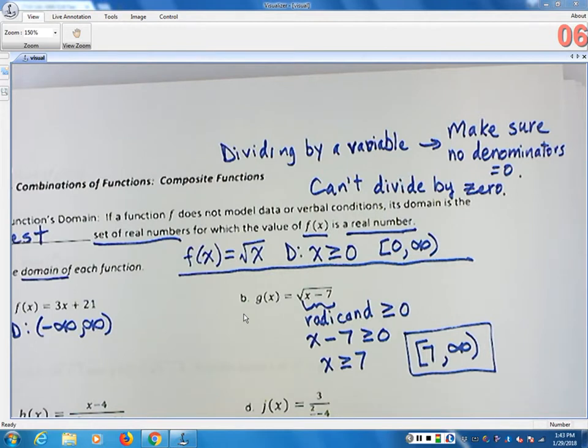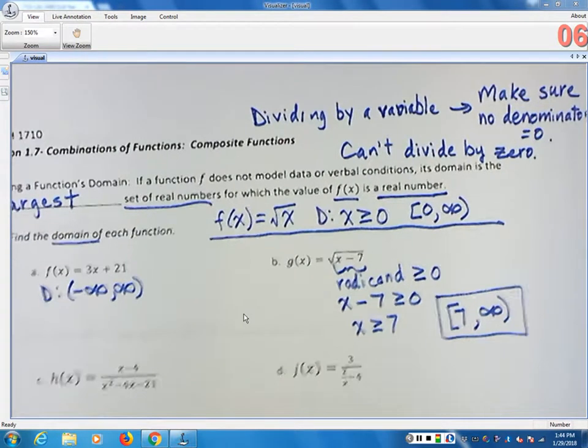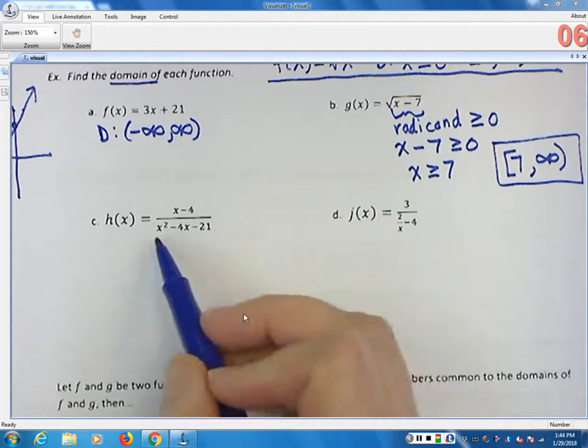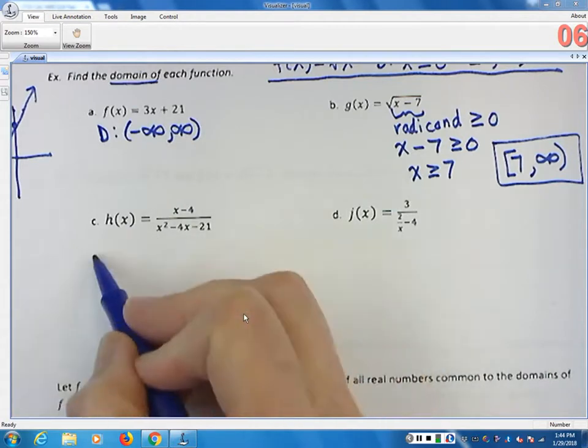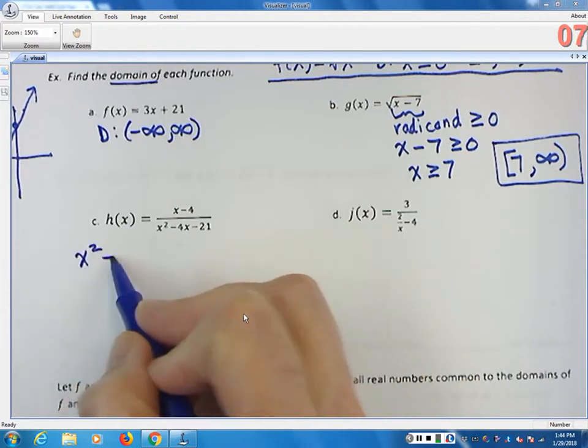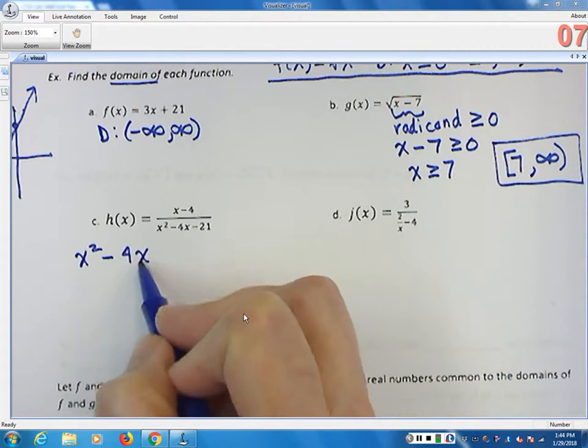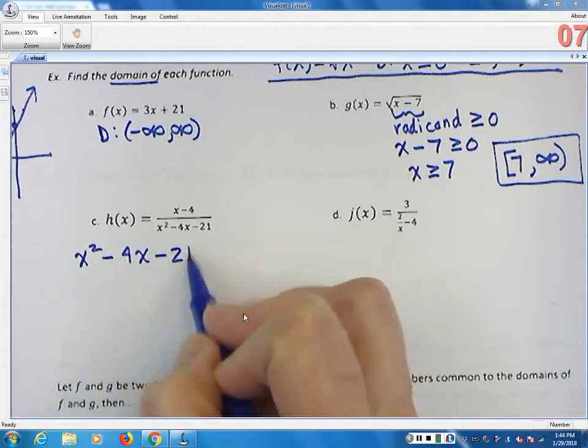So we can't divide by 0. So these are the two reasons in this class, at least at this point: square root function and dividing by a variable. So here we're going to set the denominator to 0 and then exclude those values of x.